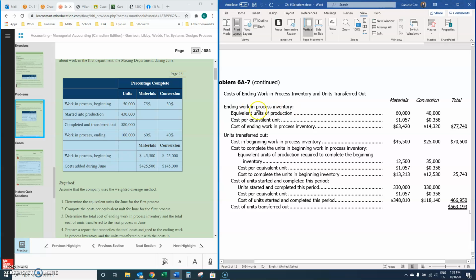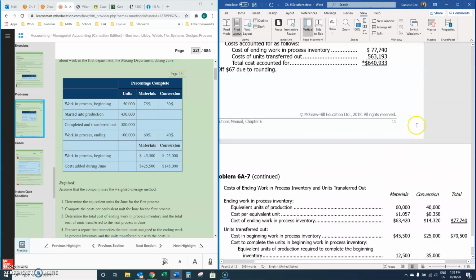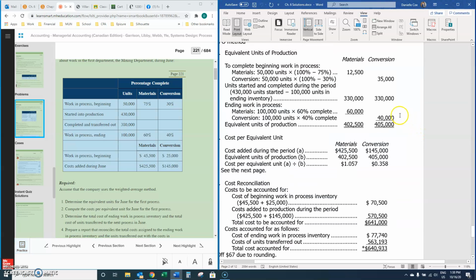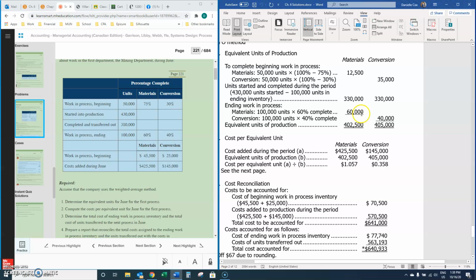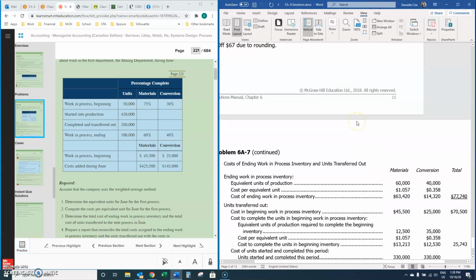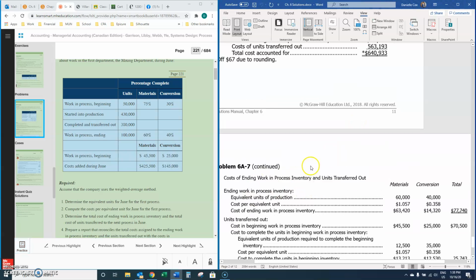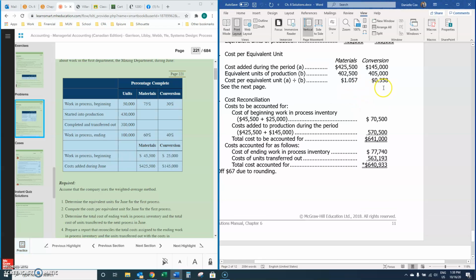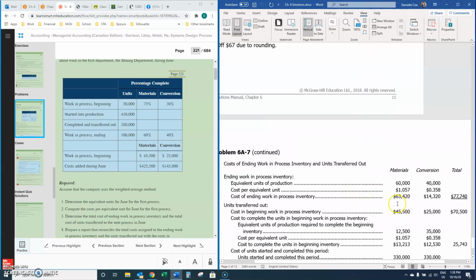Equivalent units of production, 60 and 40, come from here, from our ending. Cost per equivalent unit we worked out here. So the cost of ending work in process inventory, you just multiply them. You have a total for materials, a total for conversion, and then the total.